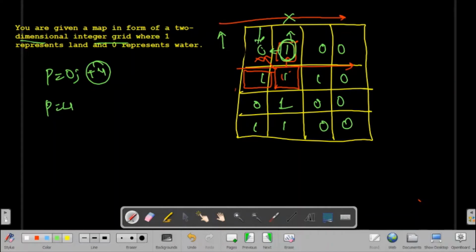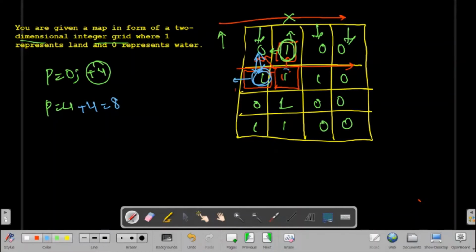We don't have. So we'll just add 4 here. Again we'll come here, again, again, again. We'll see 1, so we'll just add 4. So now we'll have 8. Again I will look in the up direction, we have 0, we are moving out of boundary, so we don't have any land. So till now my perimeter is 8.